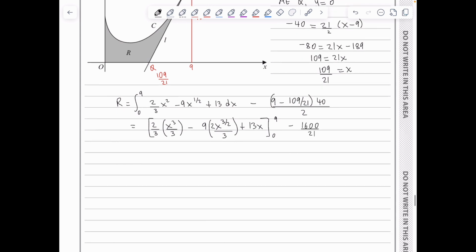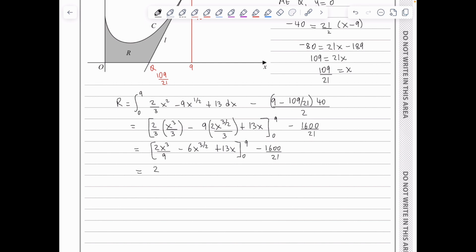So I will simplify the result of the integration. So we've got 2x cubed over 9 minus 6x to the 3 over 2 plus 13x from 0 up to 9 minus 1600 over 21, and I will now substitute the upper limit and then the lower limit.